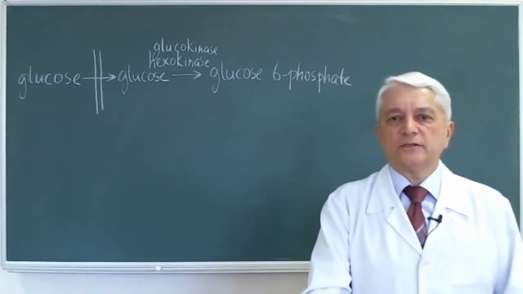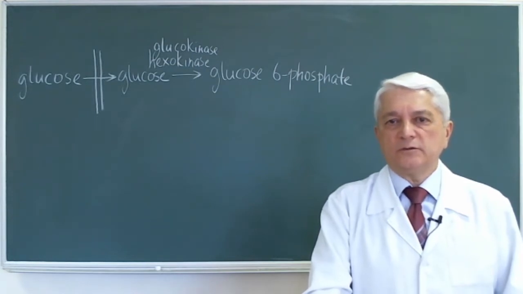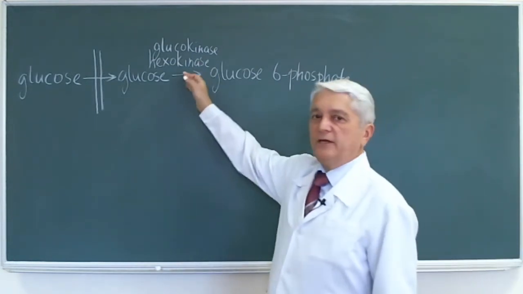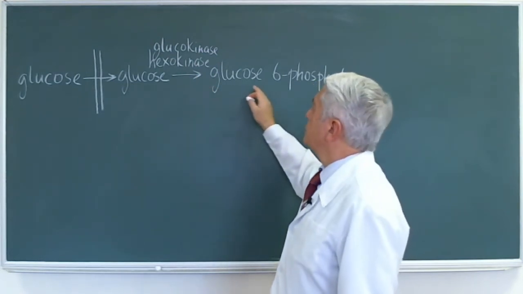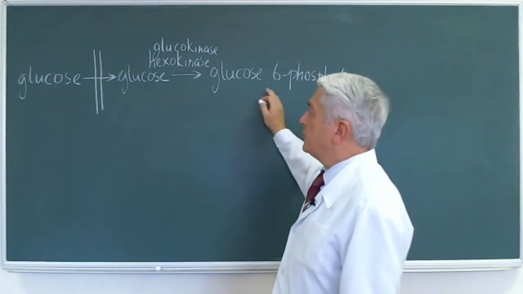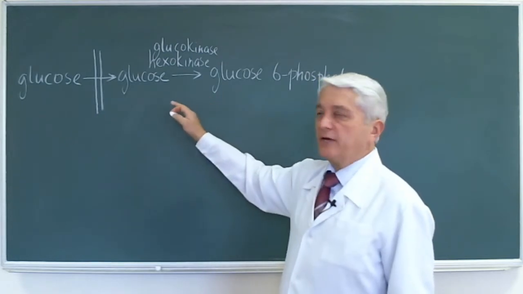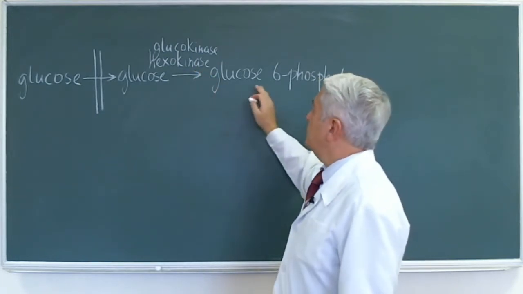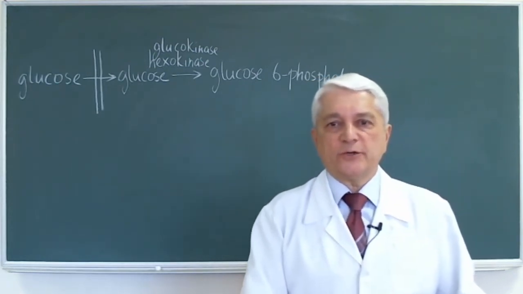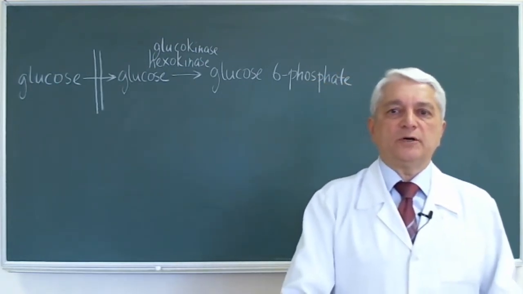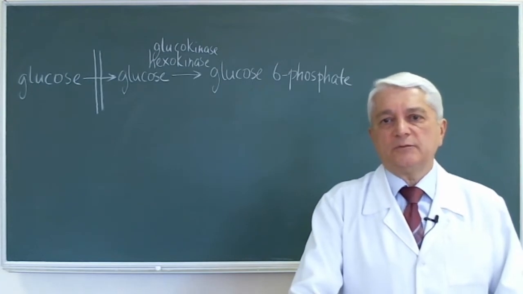This reaction is irreversible. So under the influence of these enzymes, glucose can be transformed to glucose 6-phosphate, but we cannot receive the back reaction with these enzymes, glucose 6-phosphate to glucose. For this, we have another special enzyme, and we shall tell about this a little bit later.